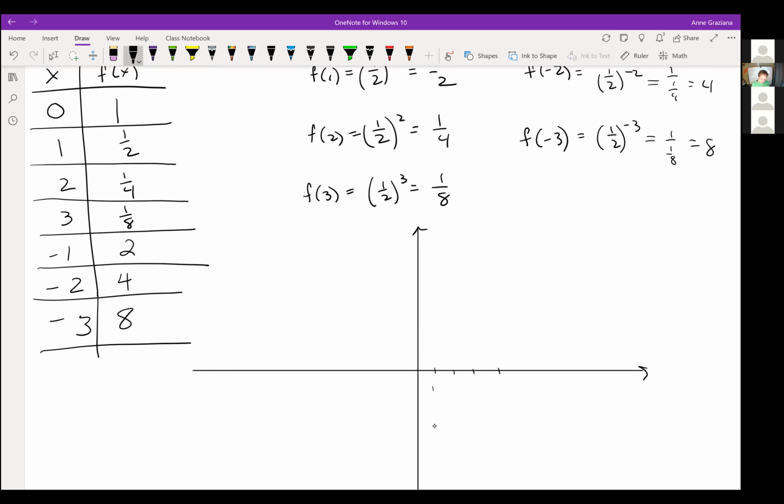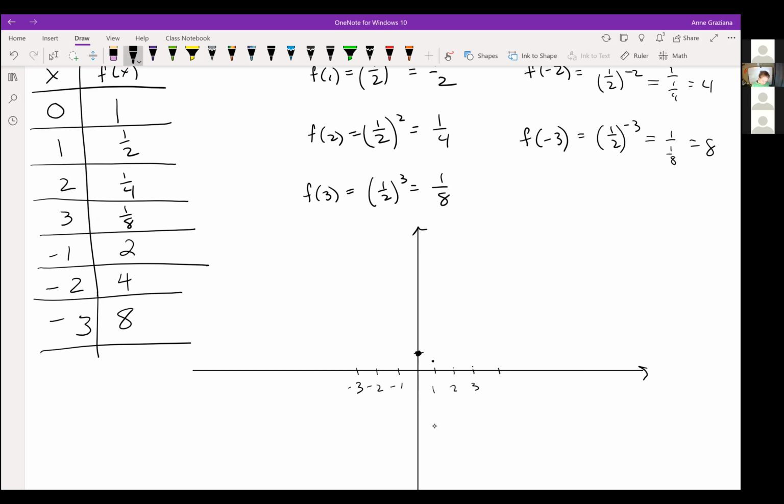So here we go. We have 1, 2, 3, -1, -2, -3. And what happens is 1, 1/2, 1/4, 1/8.